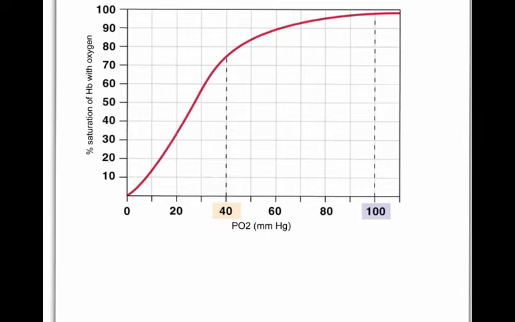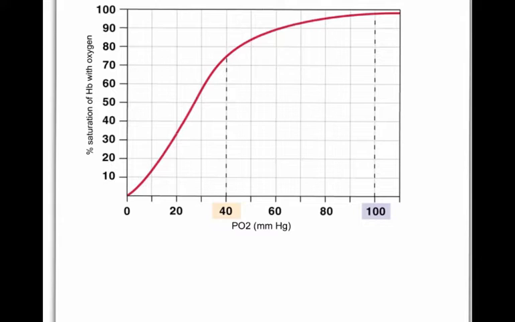So here on the y-axis we have the percent saturation of hemoglobin with oxygen, and notice that it goes from 0 to 100%. So at 0% there's no oxygen on the hemoglobin at all, and at 100% up here every single hemoglobin molecule is carrying oxygen.